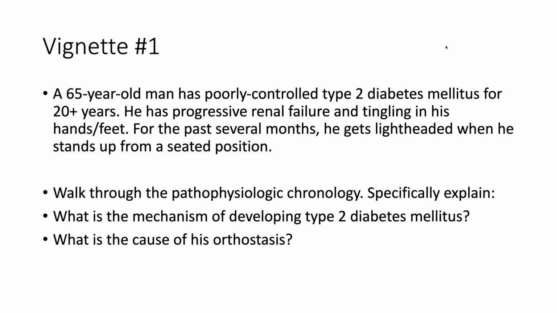Because of that, there is a decreased preload in the heart, because of which there is decreased stroke volume. When the stroke volume decreases, there is decreased cardiac output. And when the cardiac output decreases, there is decreased MAP. When the MAP decreases, there is a decreased stretch on the baroreceptor.